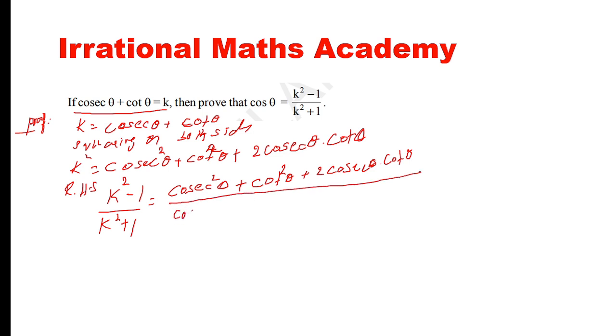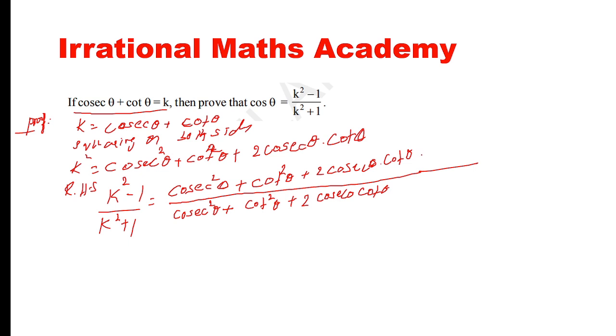Next again, cosecant square theta plus cot square theta plus 2 cosecant theta cot theta.